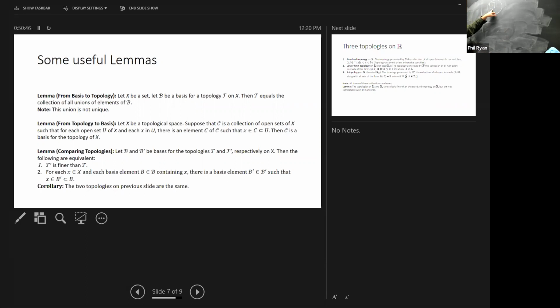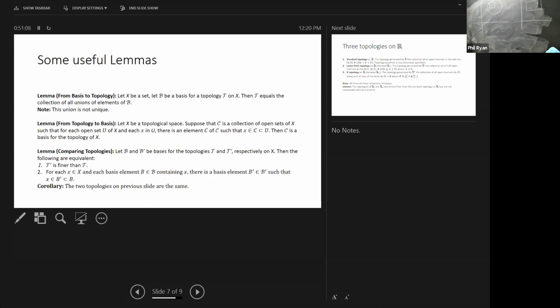The topology of the rectangular basis is finer than the topology of the circular basis, but if I have a rectangular basis element and I pick some arbitrary point x there, I can put a circular basis element inside that.